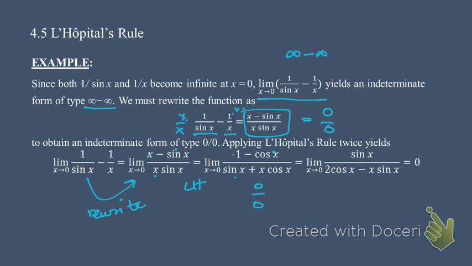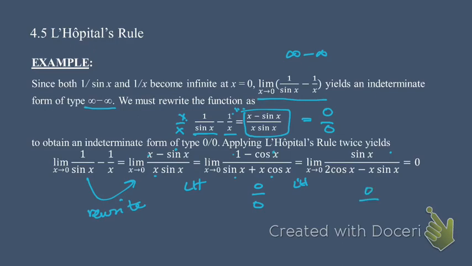And so I now have to apply L'Hopital's rule a second time. Taking this derivative, we'll get sine x over here, and in the denominator we have to use the product rule again and combine like terms. We'll get 2 cosine x minus x sine x. Plugging in my 0, in the numerator, sine of 0 gives me 0.